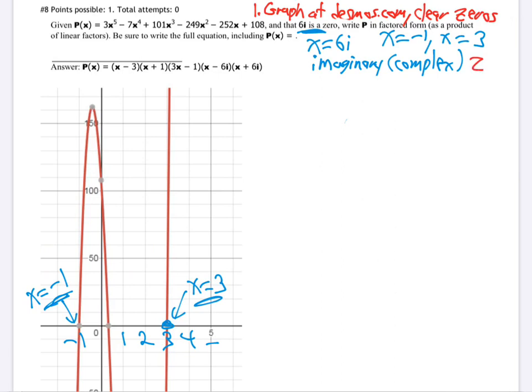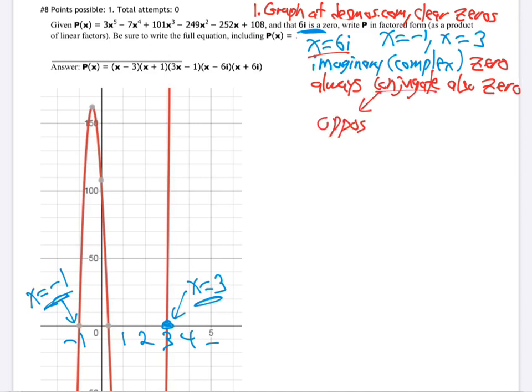Imaginary, complex 0, if you have one like we have one right there, always the conjugate is also a 0. Now, what do I mean by conjugate? Opposite sign in the middle, on the imaginary part.